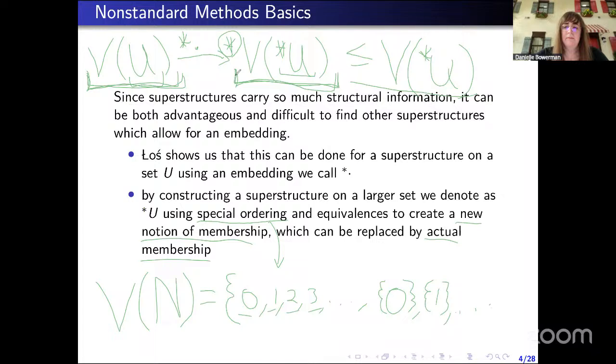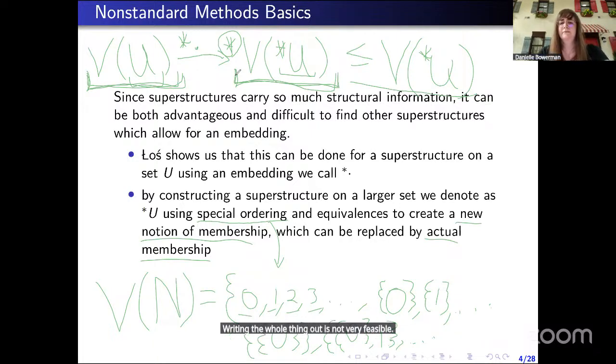And then you get sets that contain other sets. So yes, you can give example members, but writing the whole thing out is not very feasible. Thank you.